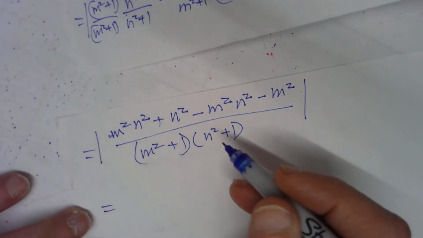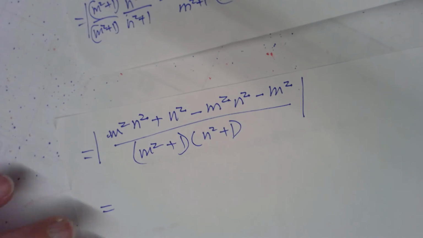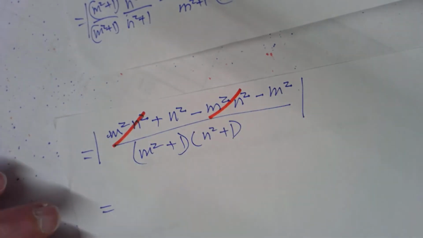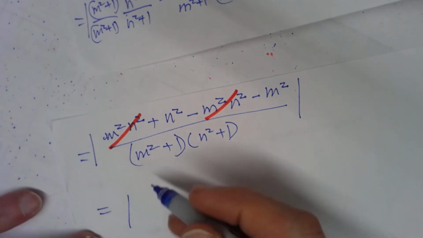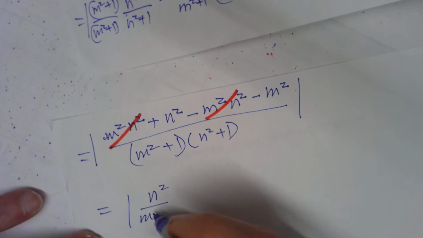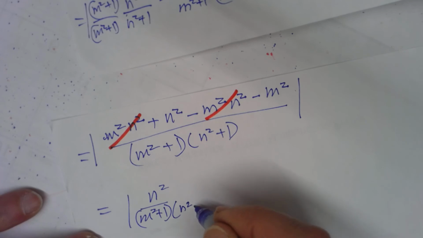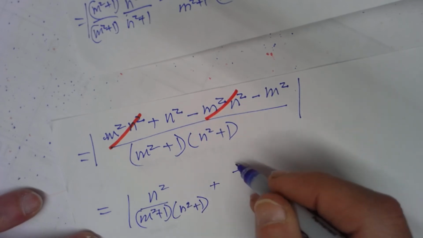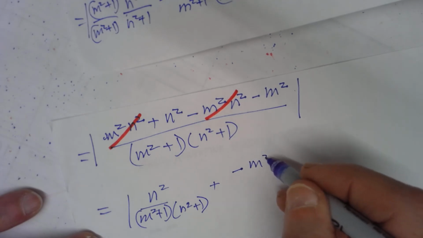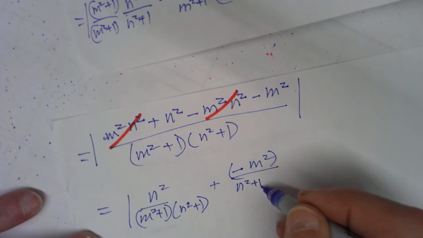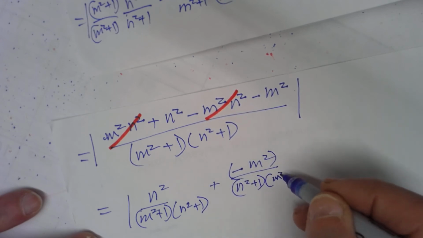And so we already know that the m squared n squareds, excuse me, they cancel out, they go to 0. So we get n squared over m squared plus 1, n squared plus 1, plus a negative m squared over n squared plus 1, m squared plus 1.